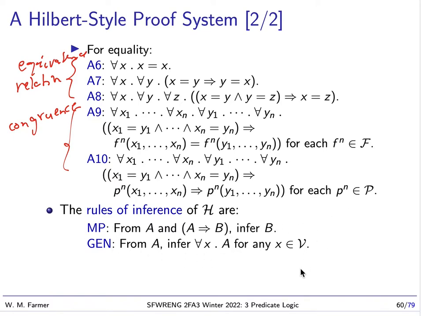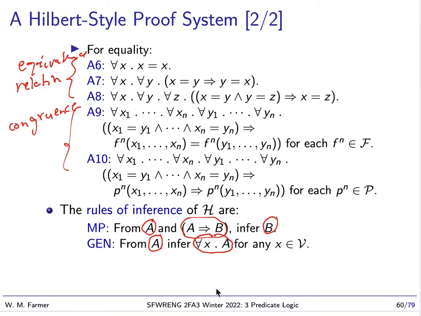Then for rules of inference, we just have two. If we know A and we know A implies B, then we can infer B. And if we know A, we can infer for all x A, for any x. So the idea here is if we have basically proven A with an arbitrary variable x, then we can infer for all x of A.